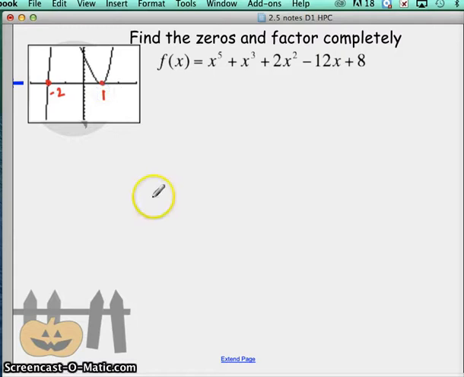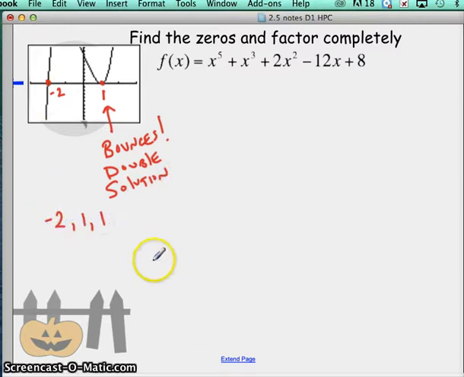It's bouncing at 1. What does it mean when it bounces? That means it's a double solution. So it's going to count twice. So right now, my solutions are -2, 1, and 1.